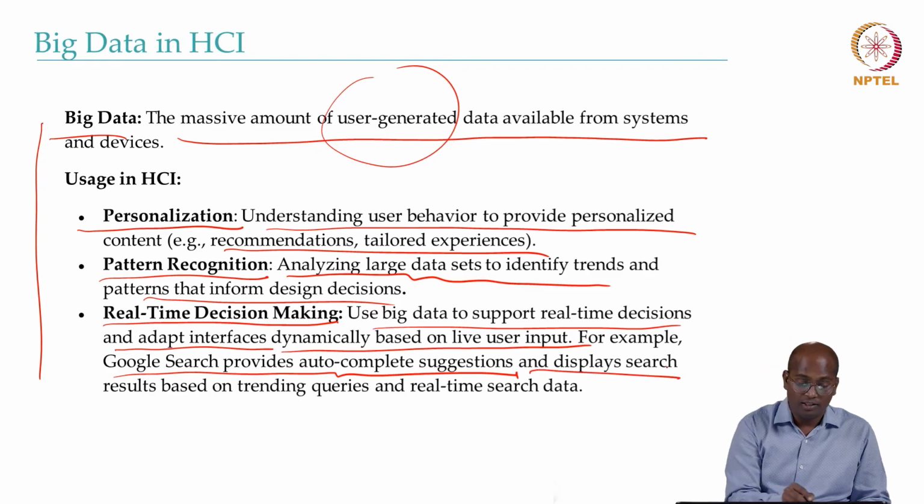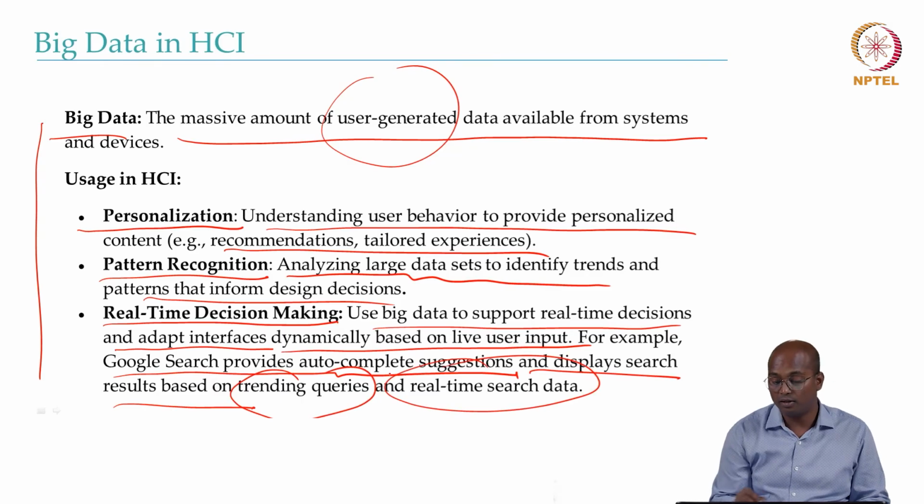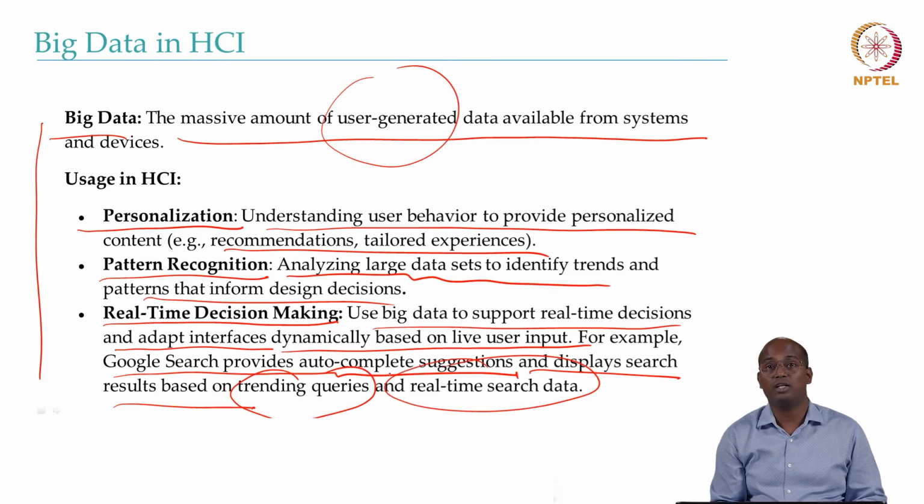Often these display results based on trending queries and real-time search data. So in a way, it is crowdsourced user input from across the globe or probably your vicinity, helping you by answering with more relevant and the latest information.